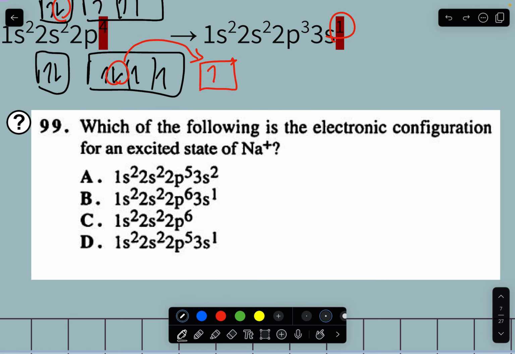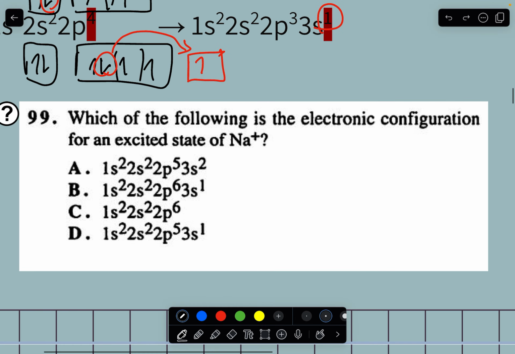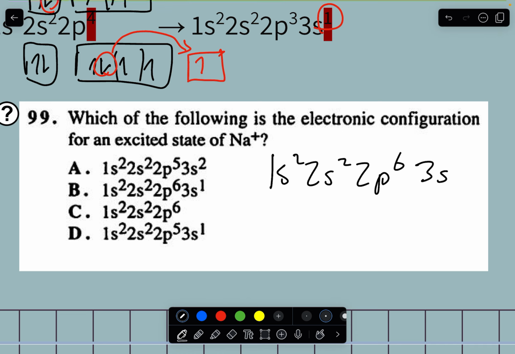So if we look at this question here, which of the following is the electron configuration for an excited state of Na+? Remember, Na is 1s2, 2s2, 2p6, 3s1, but the plus sign means we lost an electron. We lost that 3s1, so we don't have that anymore. Okay, so in an excited state, we draw this out.